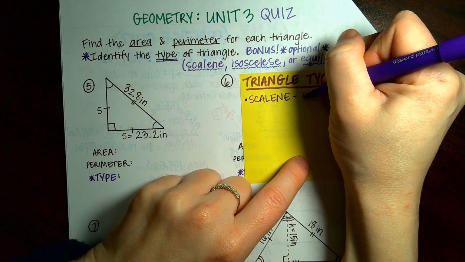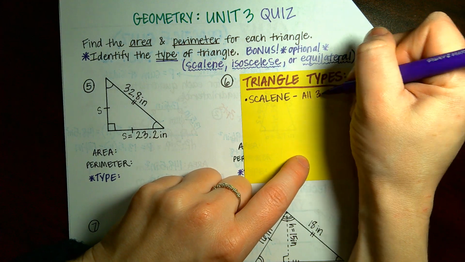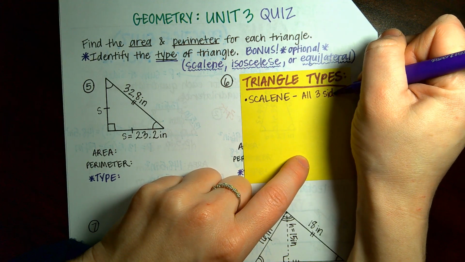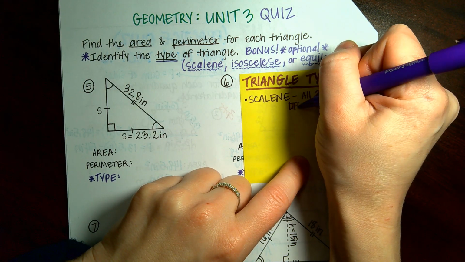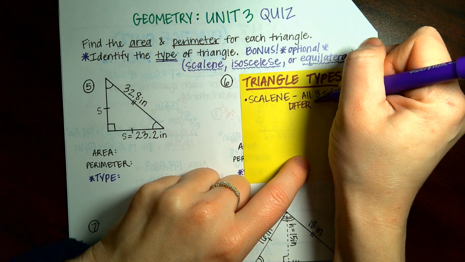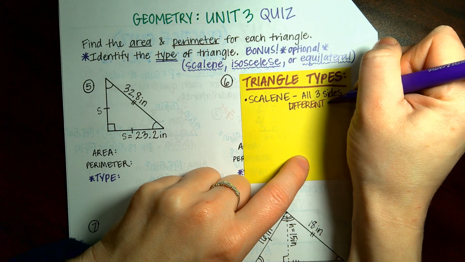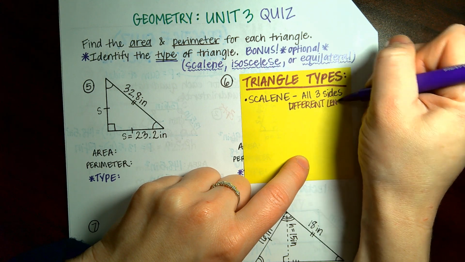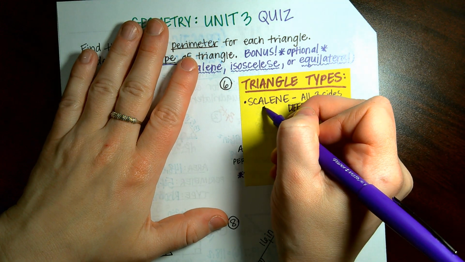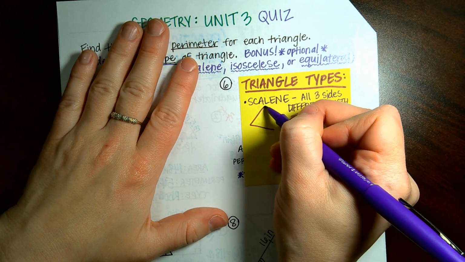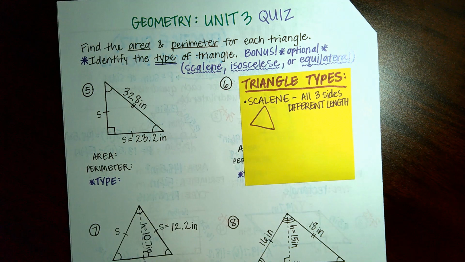So all 3 sides different length. And if you wanted to draw a picture, this is not the best example of scalene.